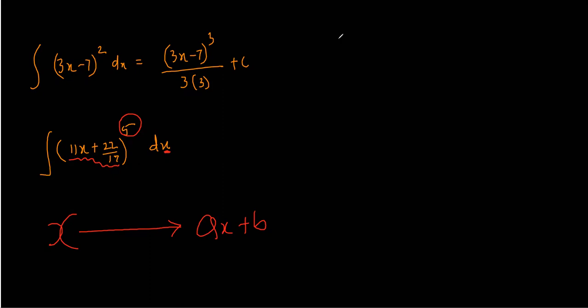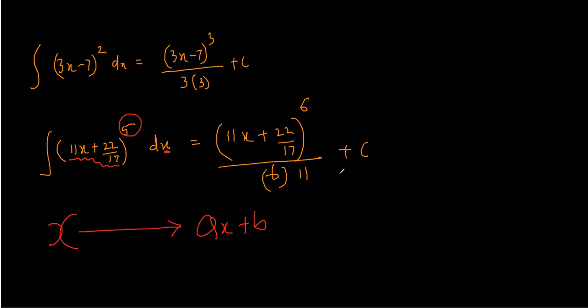So I can use the result from the list one, which will be (11x plus 22) by 17 raised to 6 upon 6 plus c, and do not forget to divide by the coefficient of x, 11. This is the answer. Students, I hope it is clear to you.